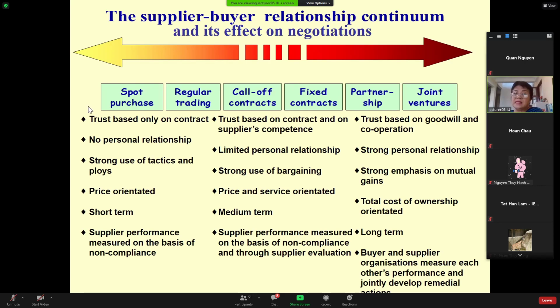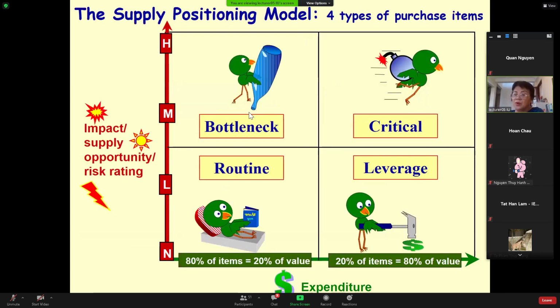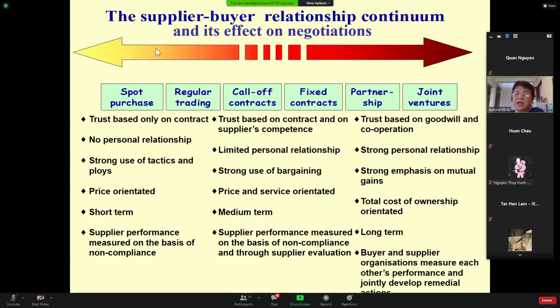So like I said, it depends on the supply model. You define the relationship, and from the defined relationship, you decide which kind of contract you are going to establish with your business partner.